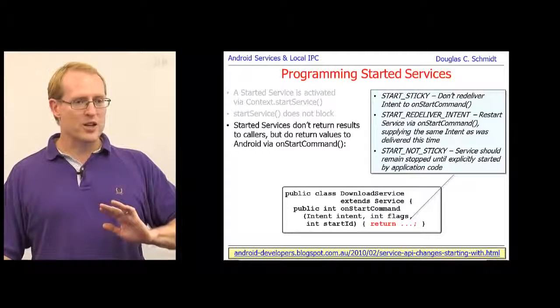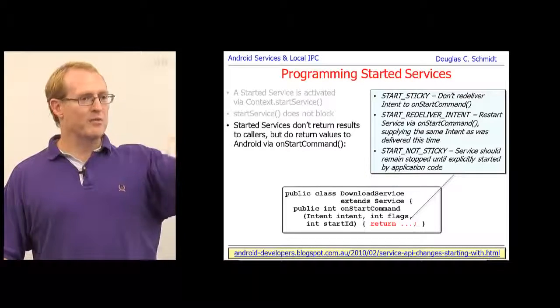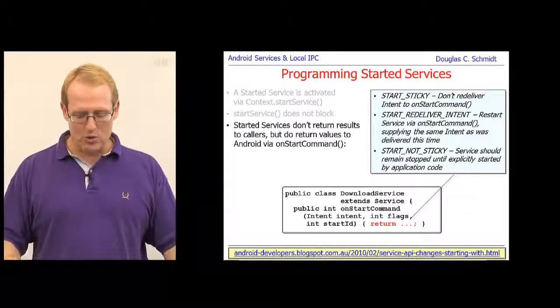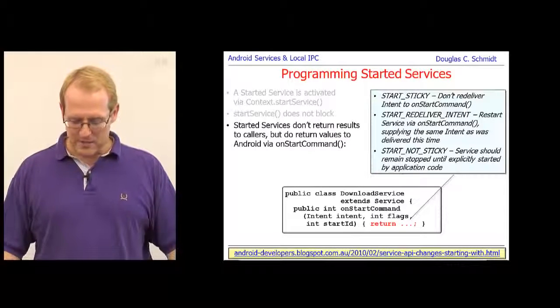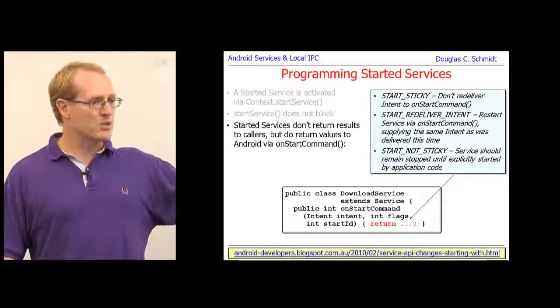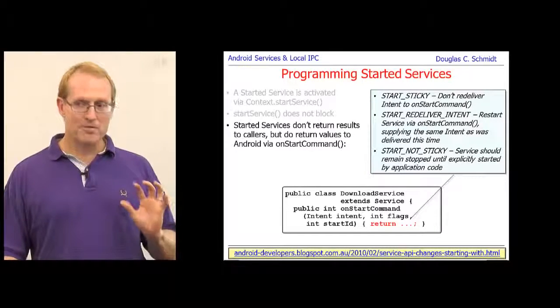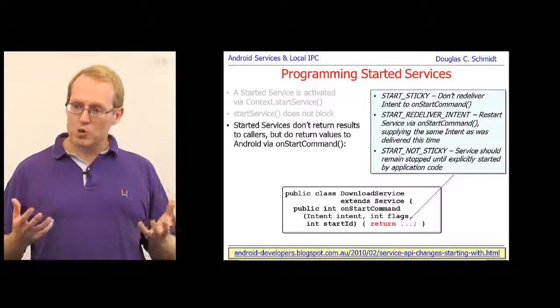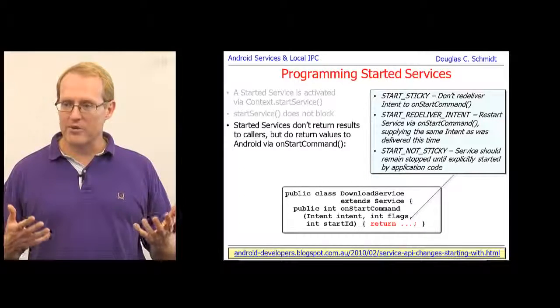If the service gets shut down and then comes back up again, then if you return a certain value, the intent will be redelivered. You can also say, don't redeliver the intent to the start command. You can say, don't restart this service unless the application restarts it. So there's a bunch of different ways to indicate to the Android framework how it should treat this service with respect to its life cycle if it gets shut down unexpectedly.